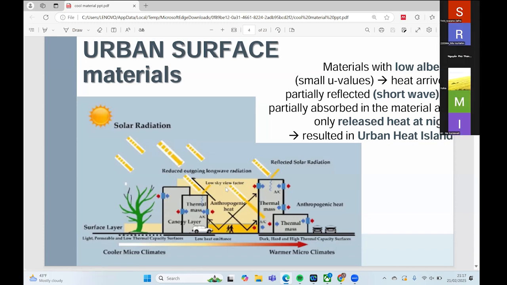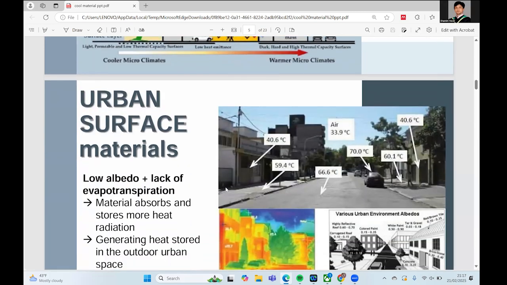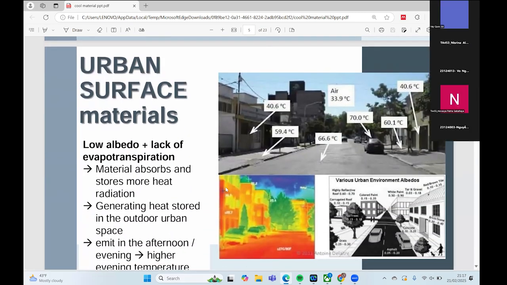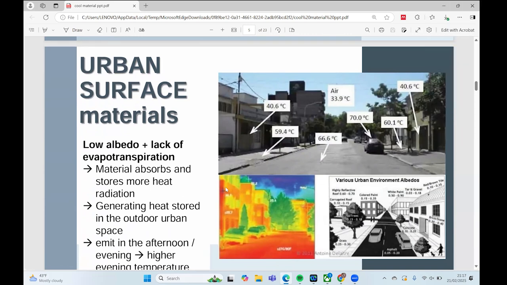So when we take a look at our material, actually our eyes see the same color, the gray, the black one. But when we take a look with the thermal camera, we can know the difference.